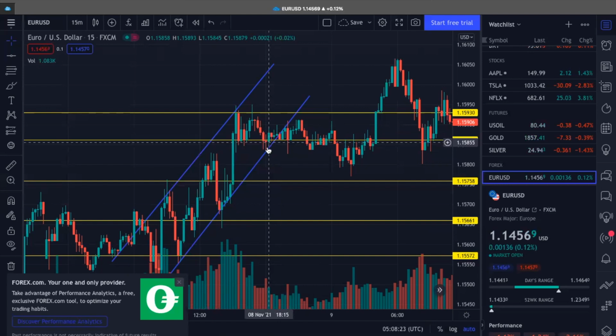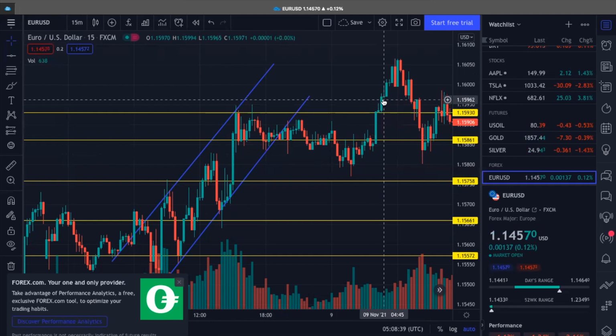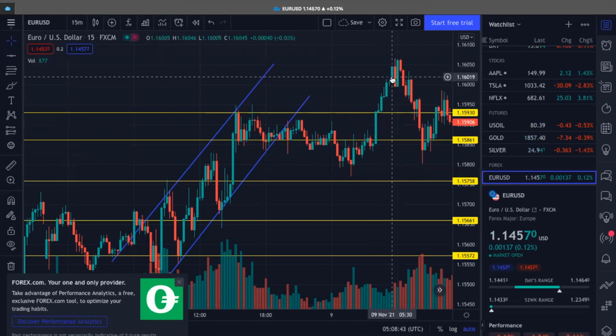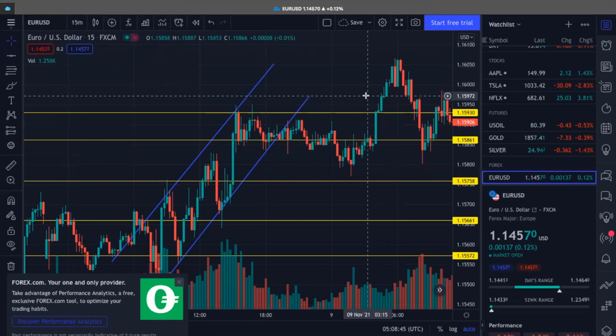Unless you want to wait all the way right here, right? And this is a 15-minute time frame. So each candle is taking 15 minutes. So this is probably half of a day to start seeing your money be formed, right? But you may not want to wait half of a day, right? You may not want to wait a couple of hours, right?